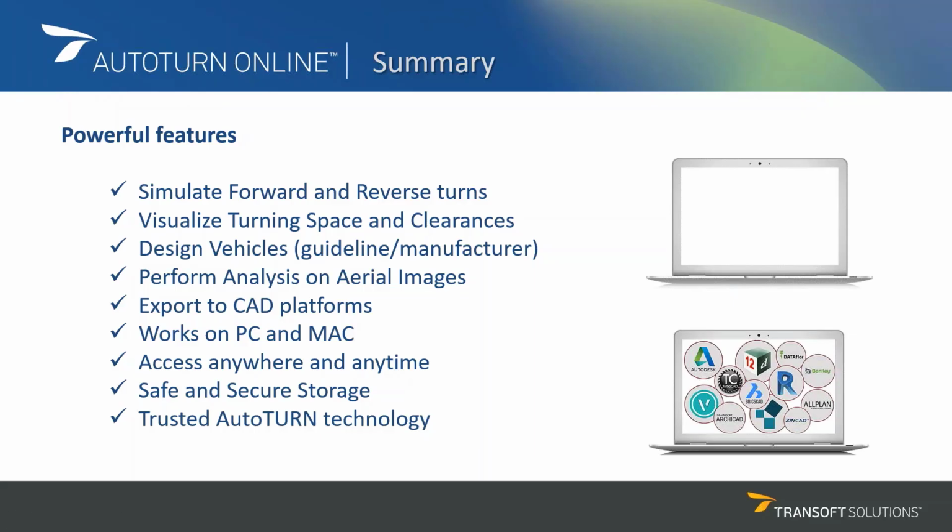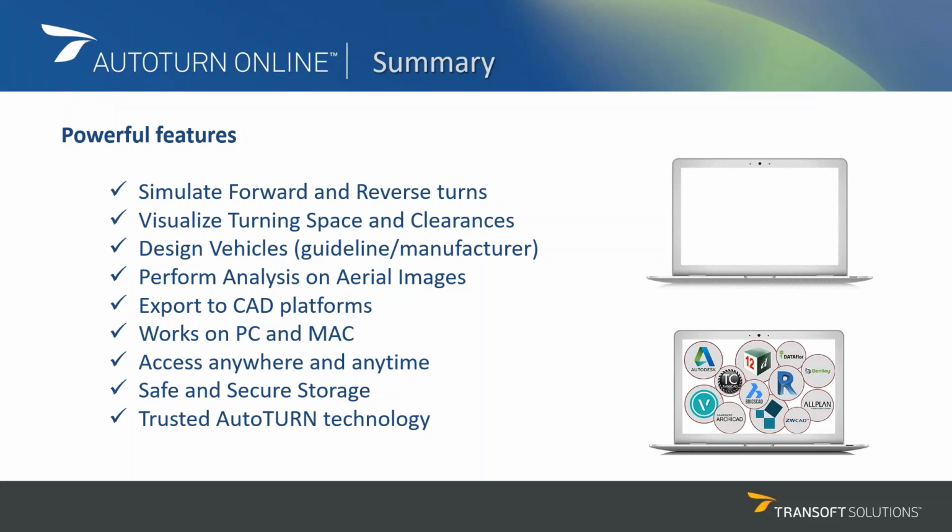So when we look at this list, it's just a short recap of what I've shown you, which is that AutoTURN Online allows you to simulate forward and reverse simulations. You can visualize the turning space and clearances, design vehicles, that would be guideline and manufacturer vehicles. So you can perform analysis on aerial images or sketches. It is quite an easy step to export all the information out to a DWG file.